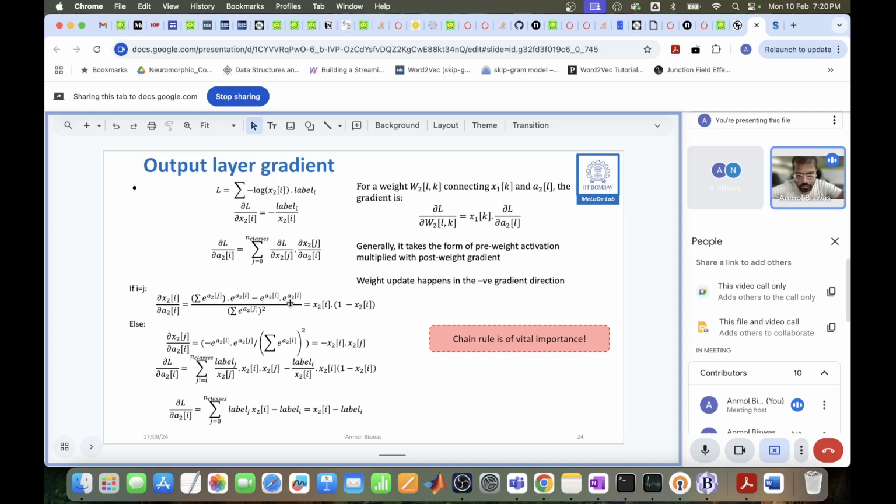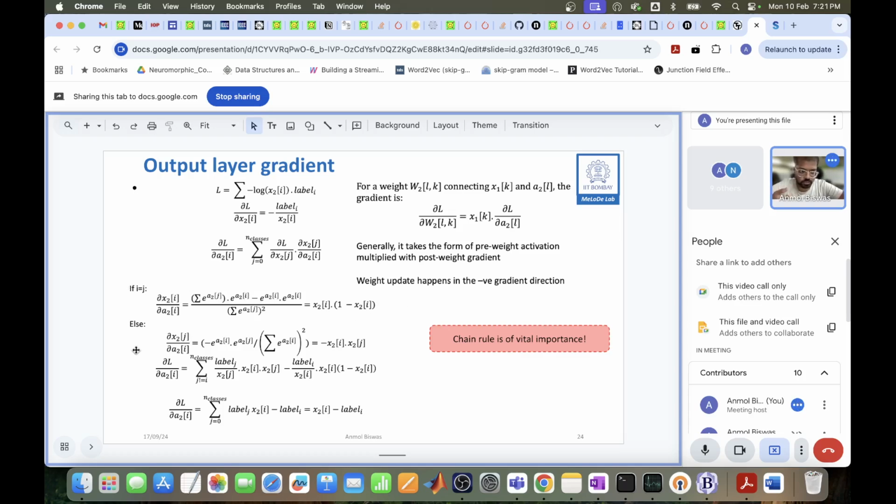You can take e to the power a2 of i common, and you get the summation minus e to the power a2 of i. Then e to the power a2 of i divided by the summation is nothing but x2 of i, and the summation minus e to the power a2 of i divided by the summation is nothing but 1 minus x2 of i. This is very basic algebra that you should do to convince yourself that this is indeed the case.